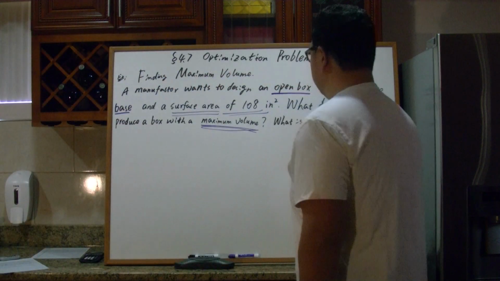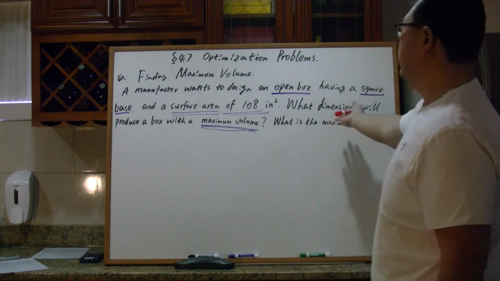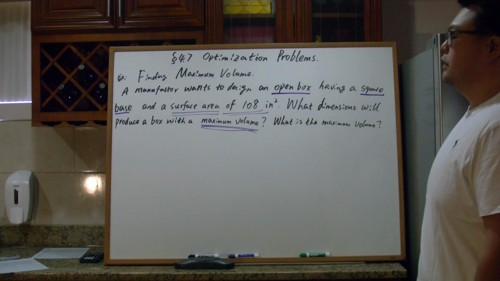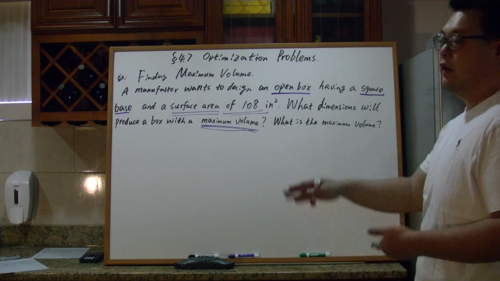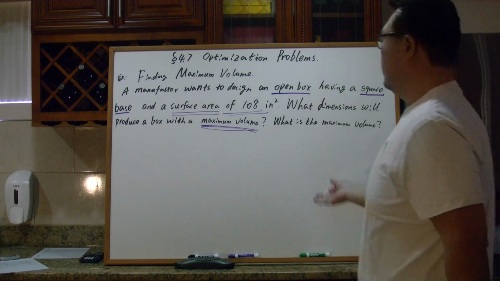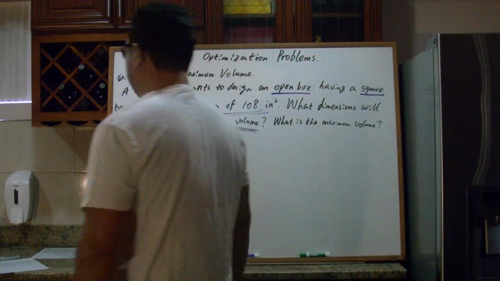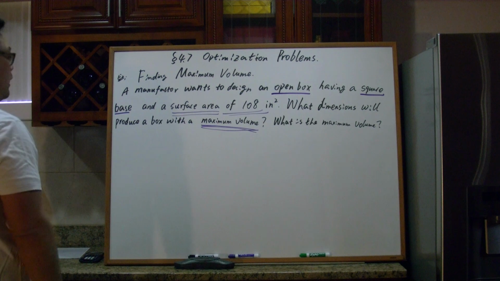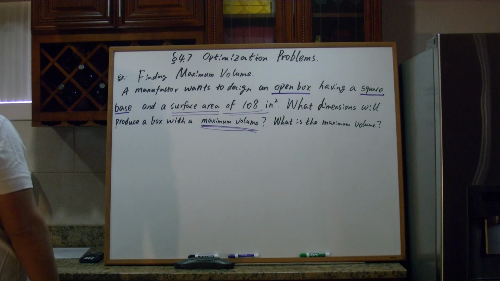So what we want is the dimension of the box, how long is the base, how high is the height, and to find out also the volume.